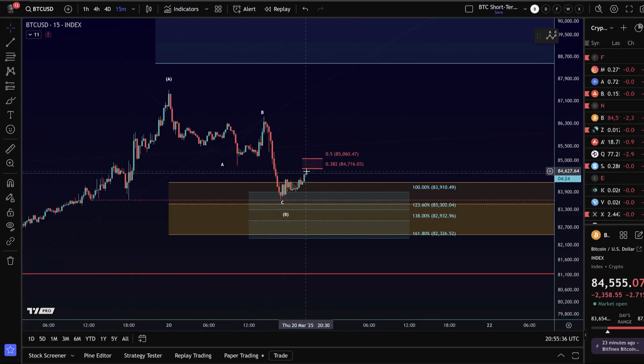That hasn't happened yet. This is a 3-wave move up and we're still below resistance. So I'm not convinced yet that we've bottomed, even though price action looks promising, but we need to see a break above that 85,060 level and ideally a 5-wave move. So instead of just 3 waves, I want to see another higher low and another higher high. Then we've got a 5-wave move up, yeah?